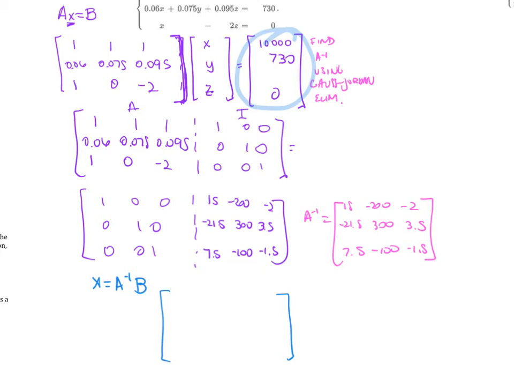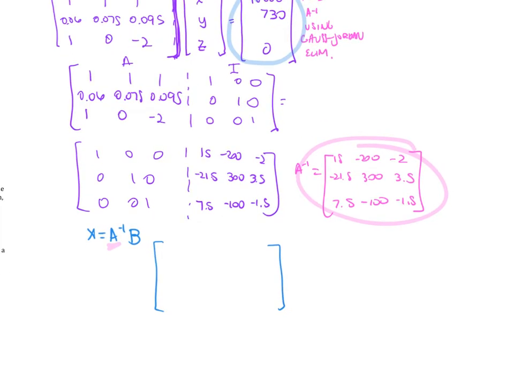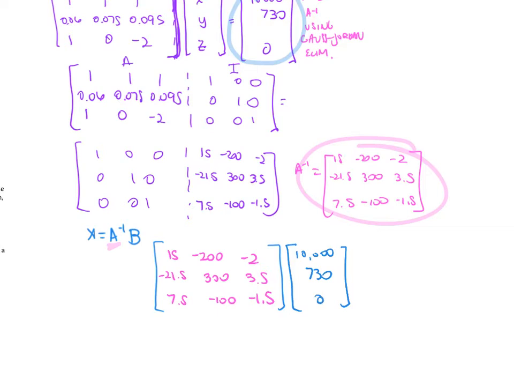So we put the A inverse, 15, -200, -2, -21.5, 300, 3.5, 7.5, -100, and -1.5, and then we're multiplying it to B, which is what we had earlier, those constants: 10,000, 730, and 0.